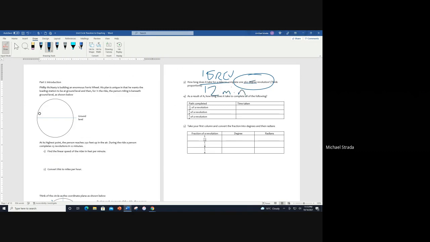You should be able to use proportions to figure out how long it takes to complete one revolution. And then you use that to figure out how long it takes to do 1/12 of a revolution. Well, 1/12 of a revolution is just going to be 1/12 of your answer there. 1/8 of a revolution, same thing, 1/8 of your answer there. And 1/6 of a revolution is going to be 1/6 of your answer there.